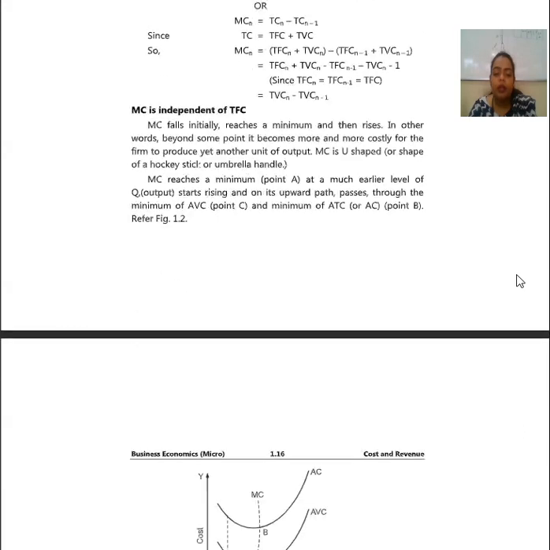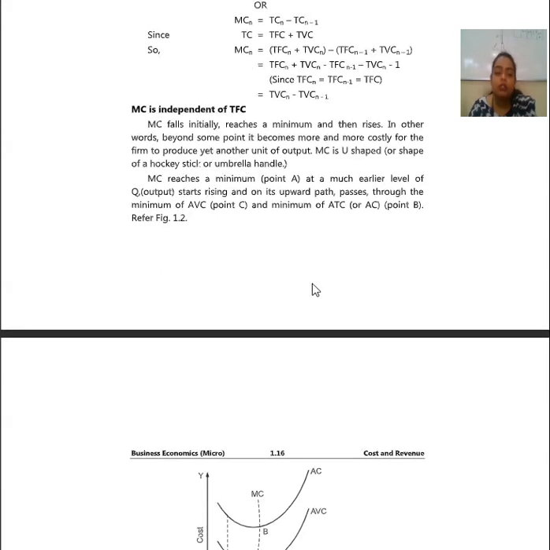Now, the marginal cost is independent of total fixed cost.